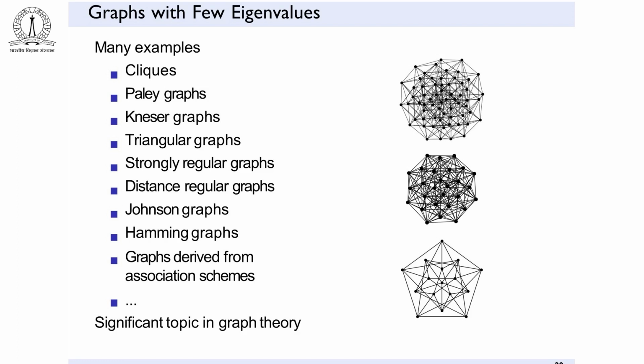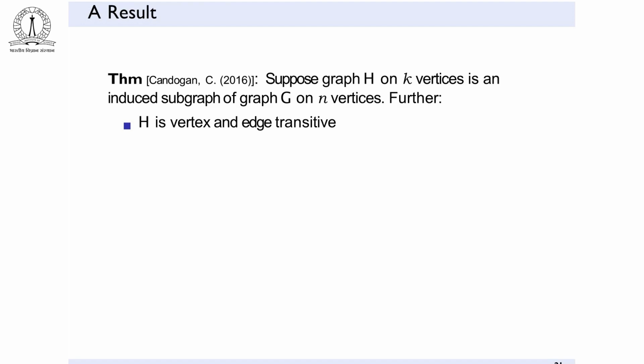This is in fact a significant topic in graph theory: what are graphs that have few distinct eigenvalues? For now, the actual scaling laws that you can write down will depend on how many you have relative to graph size and so forth. So we have a theorem.